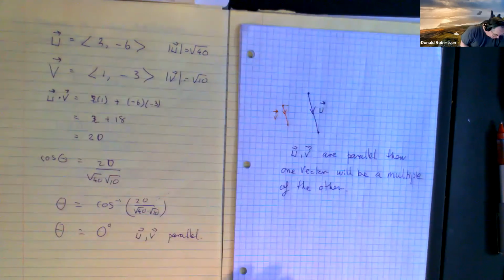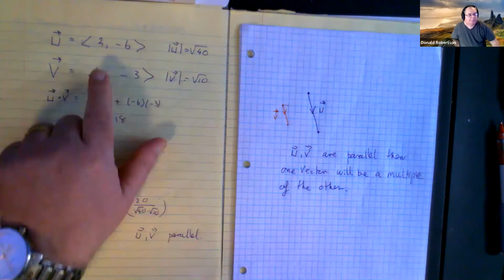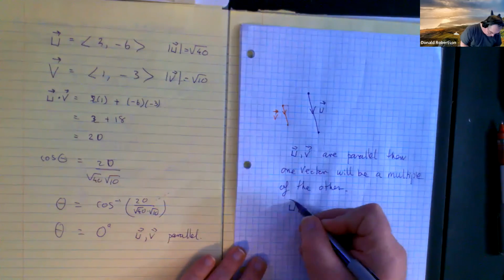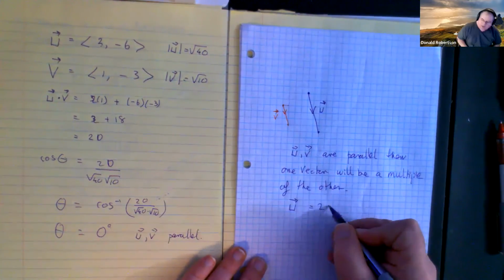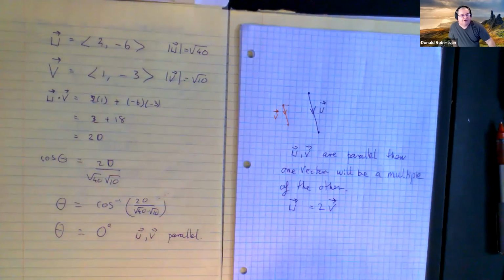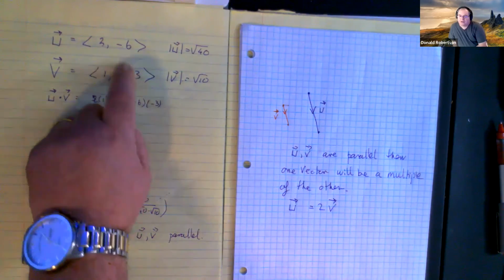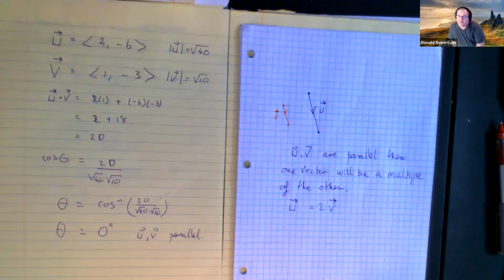So let's look at the two vectors I've got here. Isn't u 2 times the vector v? Check that out. If you double this guy, don't you get this guy? So we go with it?